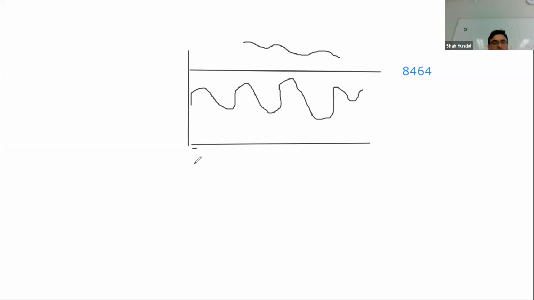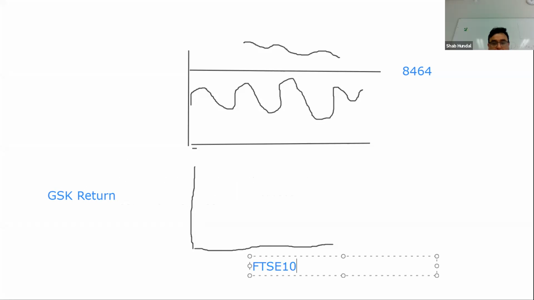So if I want to draw beta, for example, I take GlaxoSmithKline, can I call it GSK? GSK is the code for this. So GSK return, and here I have the FTSE 100 return, and then I draw a straight line.